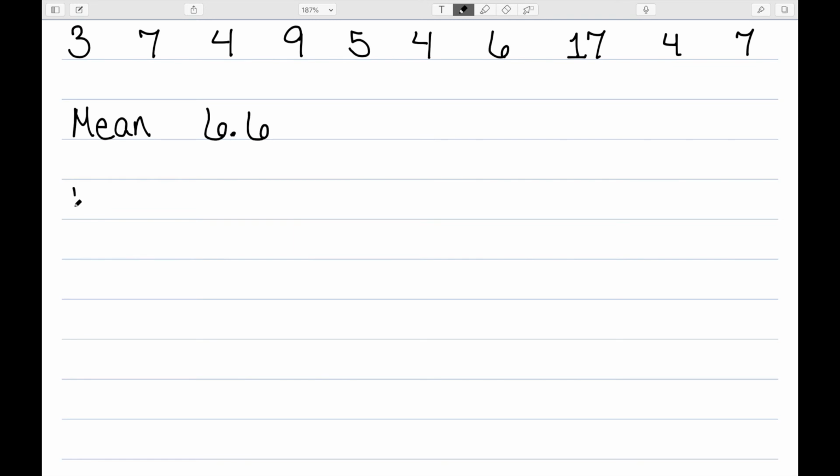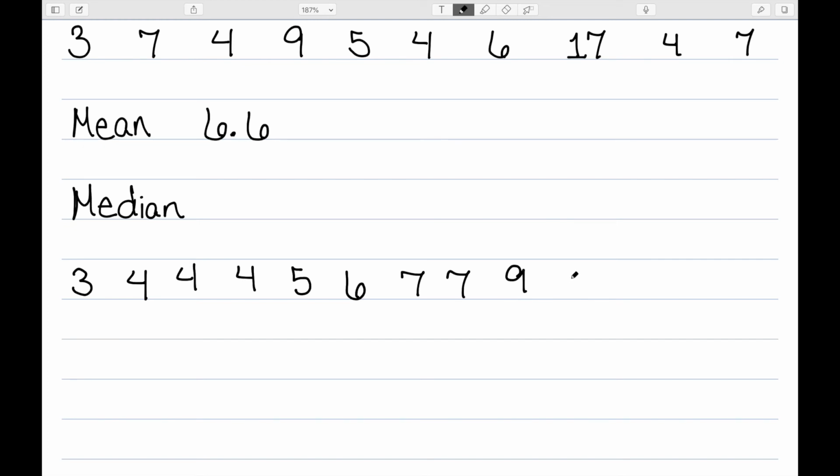Here was my second data set. We found the mean to be 6.6, and I want to find the median. If I arrange these in order, I have a 3, I then have 3 4s, 5, a 6, 2 7s, a 9, and 17.